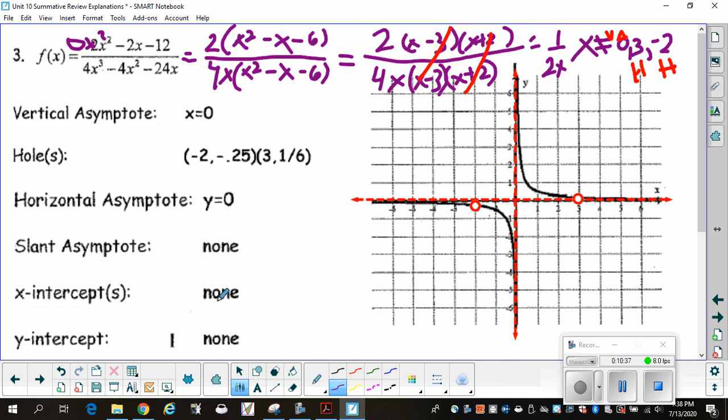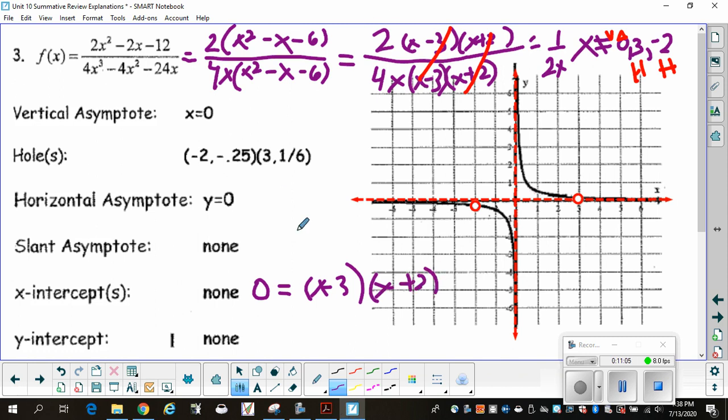My x-intercepts, let me get rid of some of that there. My x-intercepts, if I go back here, that means that y is equal to 0. So I set 0 equal to x minus 3 and x plus 2.